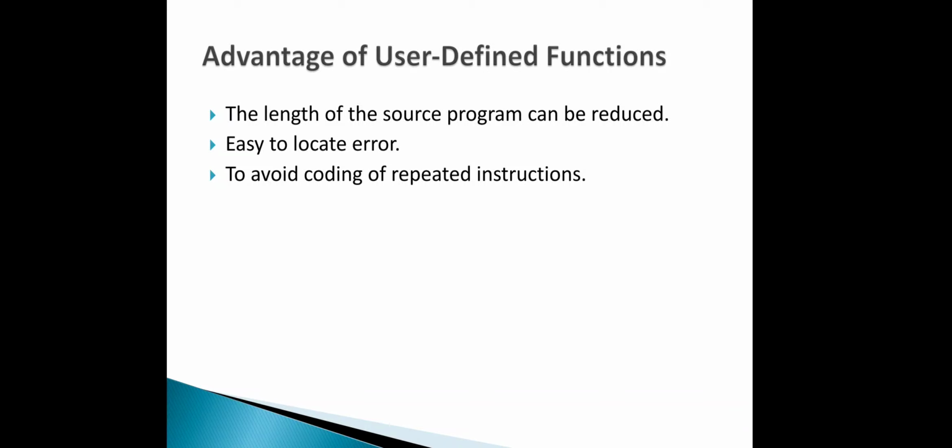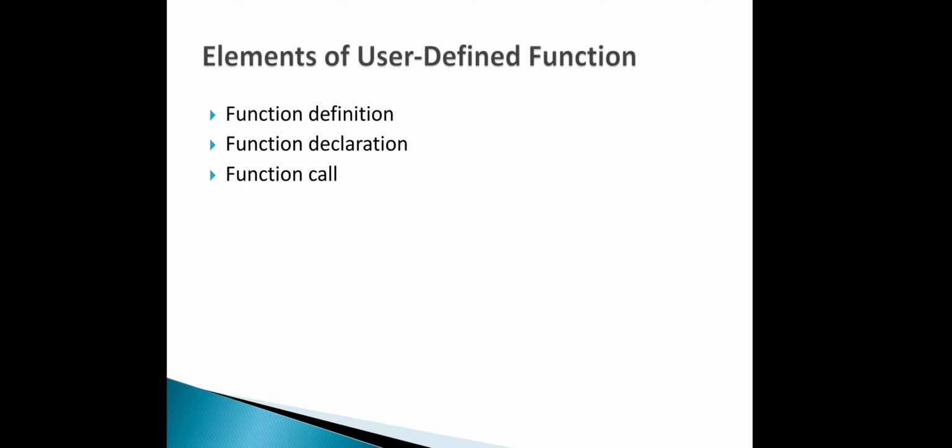The length of the source program can be reduced, it is easy to locate the error, and it avoids coding of repeated instructions. And next we will see about elements of user-defined function, right? A user-defined function consists of three important elements: function definition, function declaration, function call.